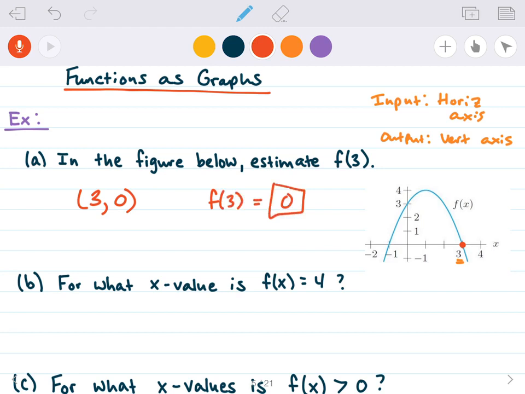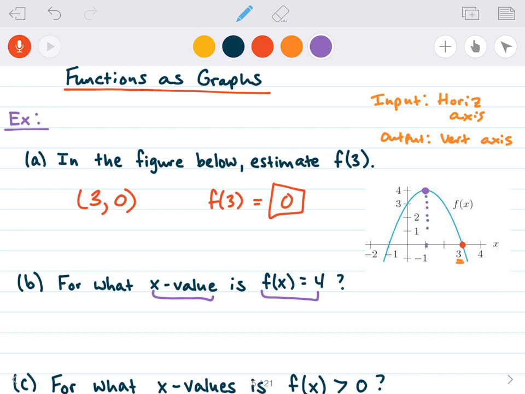Okay, the next one says, for which x value is f of x equal to 4? This time we want to find the input, right? We want to find the input when the output is 4. So where is the height 4? Think about that. Where is the height on this graph 4? Well, it looks like the height is 4 about right here, right?